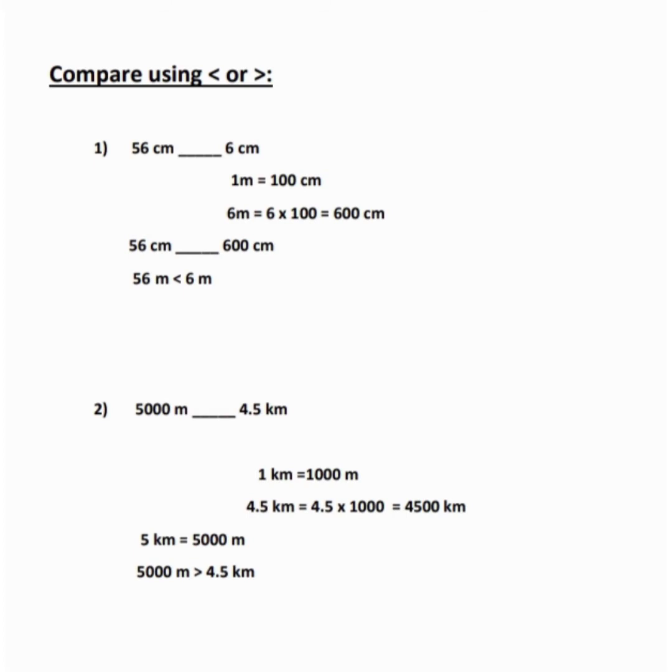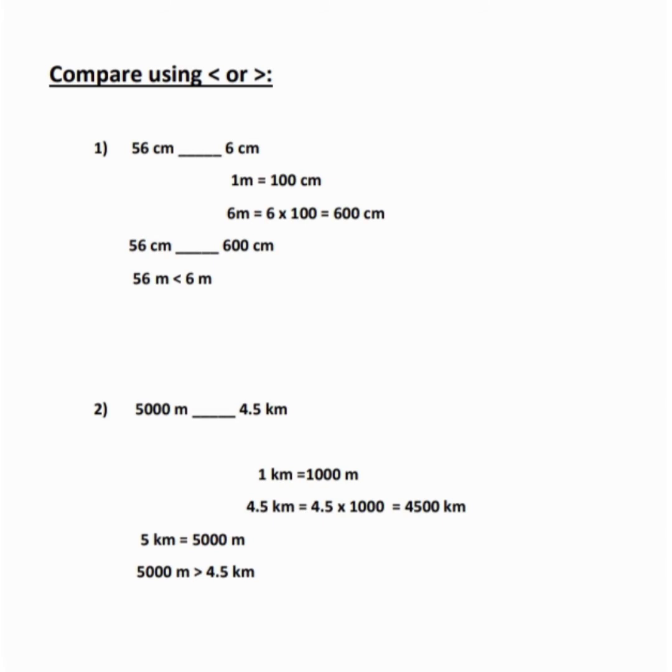From here, 4.5 kilometer equal to 4.5 into 1000, which is equal to 4500 meter. Okay. When we compare, listen here, 5 kilometer equal to 5000 meter.